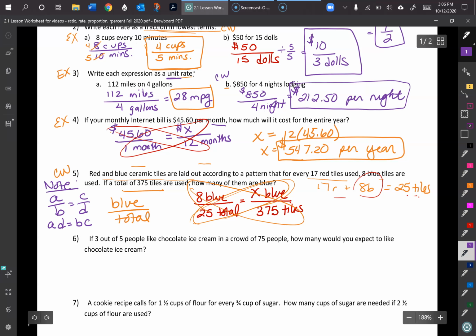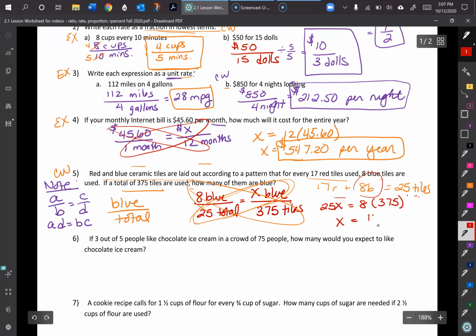So now you're going to have the 25X, and I'm not going to put the labels in the equation here. Then we would have 25x equals 8 times 375. And then divide both sides by 25.